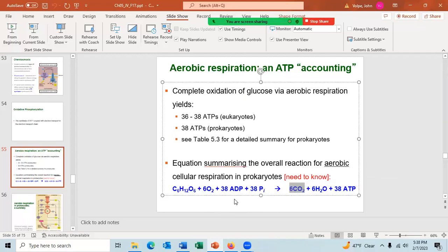All of it comes from glucose. Any question about any of that? And remember, in aerobic respiration, the electrons from glucose flow to oxygen, which will be converted into water.